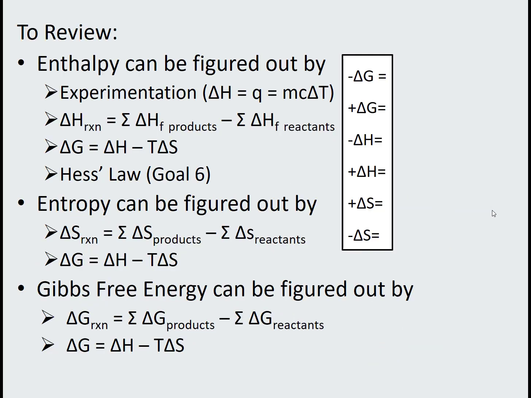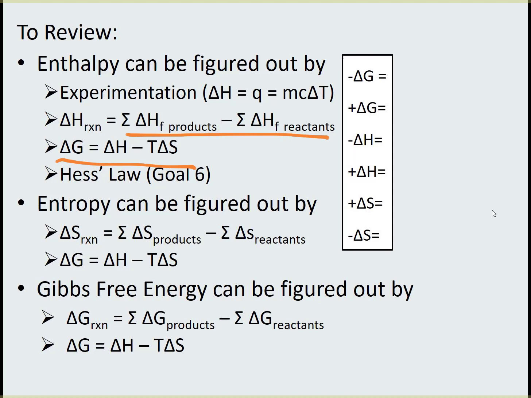All right, so to review, enthalpy can be figured out through experimentation, through products minus reactants, through this Gibbs free energy equation, and also in the next goal we're going to be looking at Hess's law. So those are 4 different ways that we can calculate enthalpy.